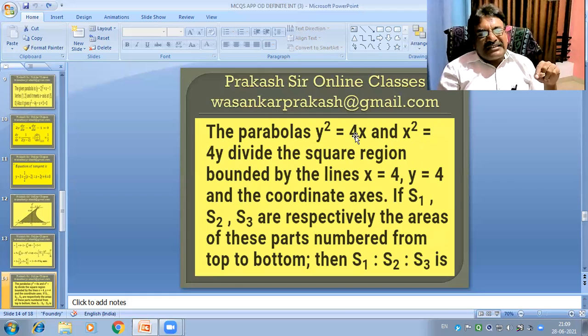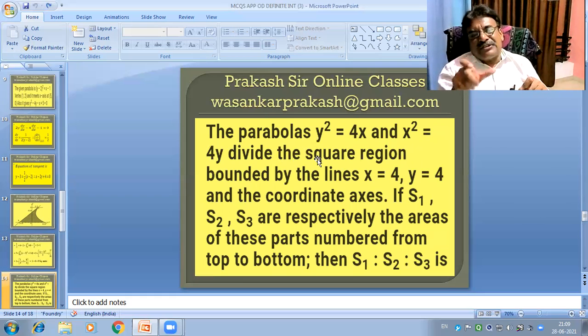So the parabolas y square equals 4x and x square equals 4y divide the square region bounded by the line x equals 4, y equals 4 and the coordinate axes. These two lines construct the square region, and this square region is divided by these curves into three parts.